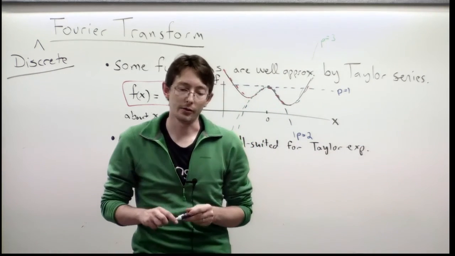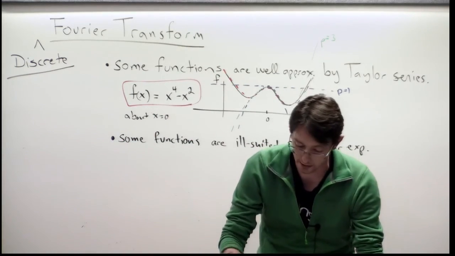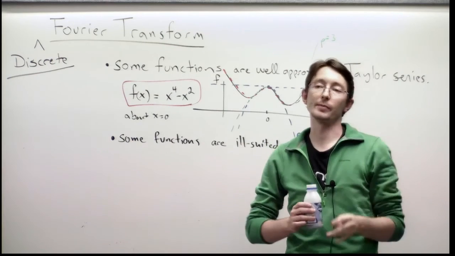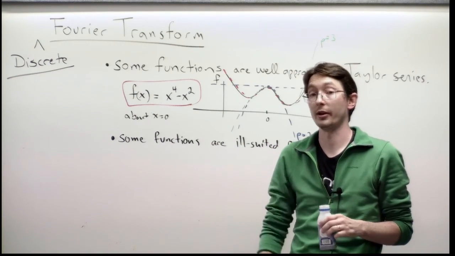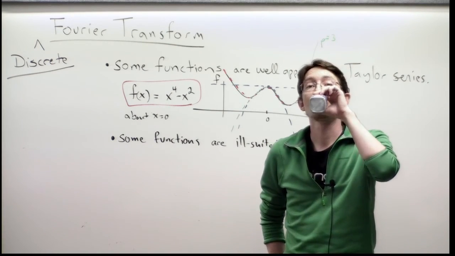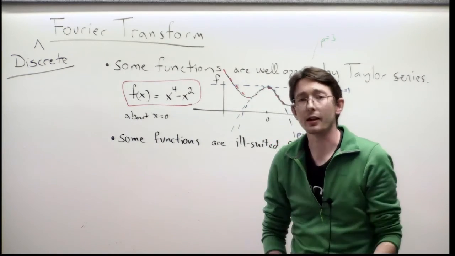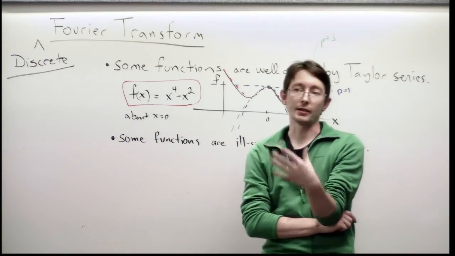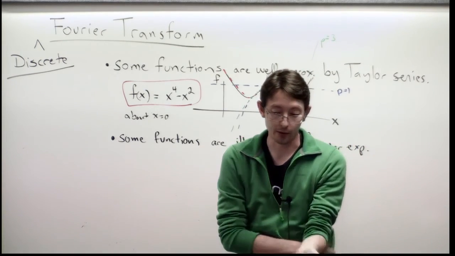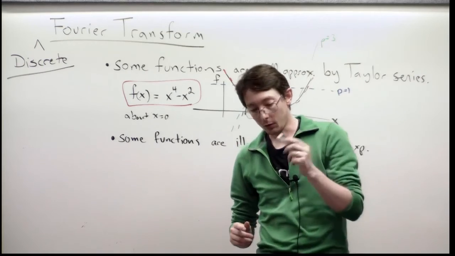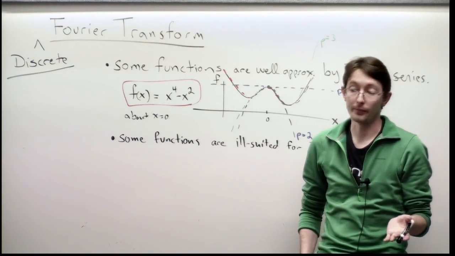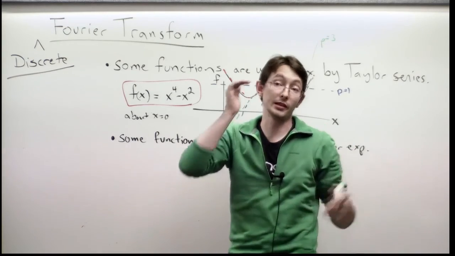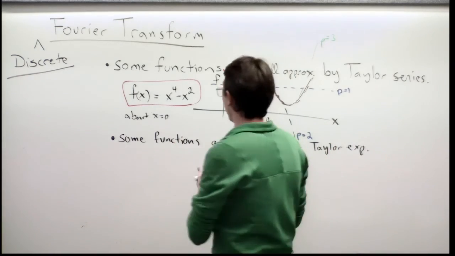Can you think to yourself, what would be an example of a bad function for Taylor expanding, one where it's really going to be hard to approximate it with a polynomial? Think back to your calculus class. What are some functions we've seen that are not well approximated by polynomials? Well, one really good example is a sine wave. A sine wave needs an infinite polynomial expansion to be represented accurately.